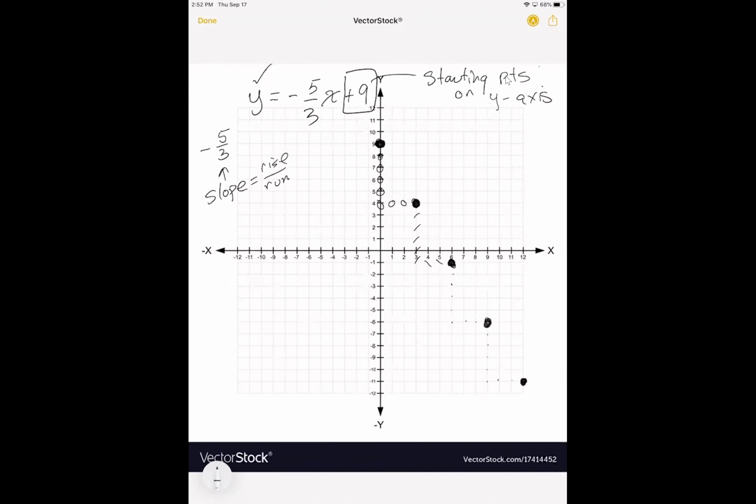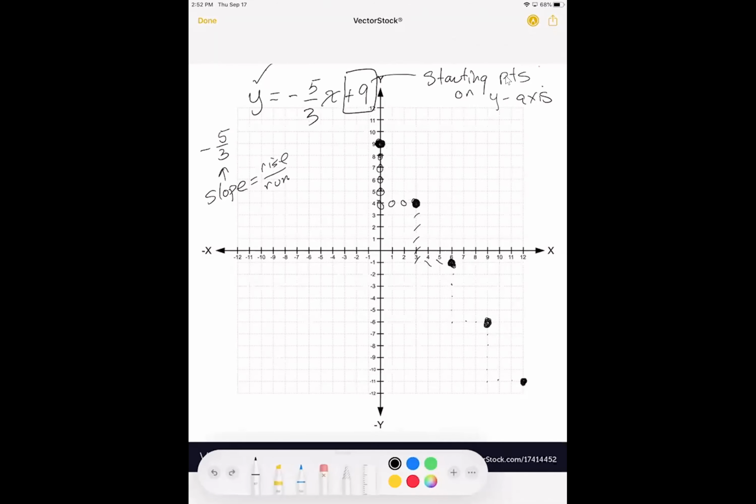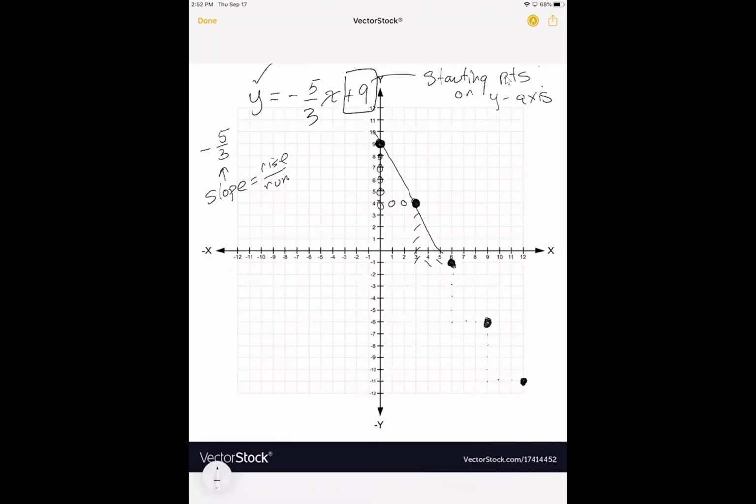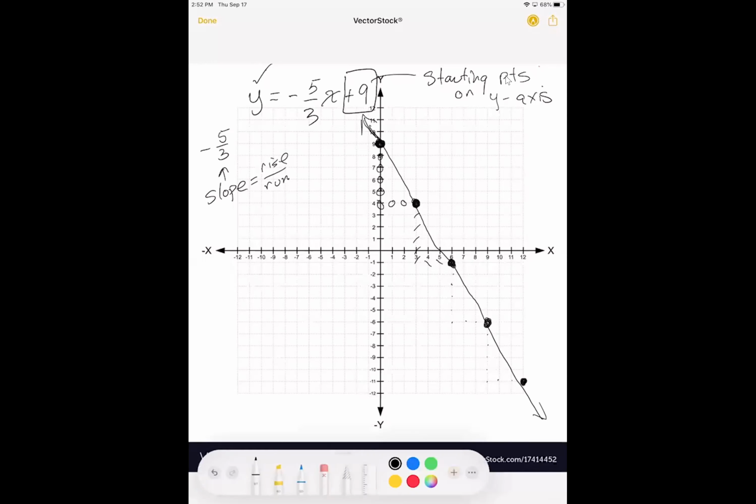So once you have this, all you need to do is connect the dots, and just imagine it's a straight line. A good thing for you guys, my MATLAB draws the line for you, so don't judge my line.